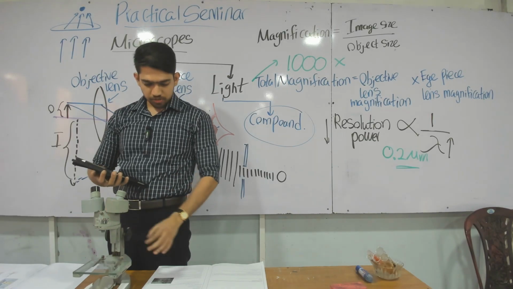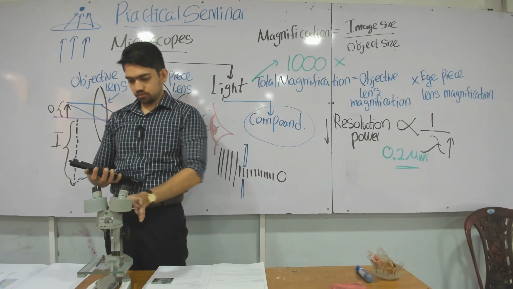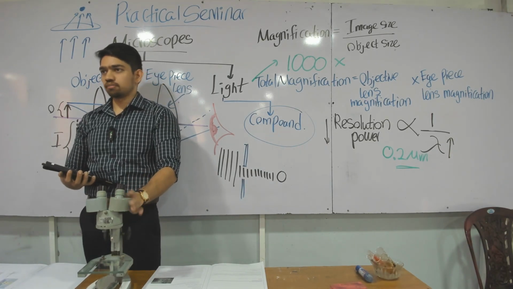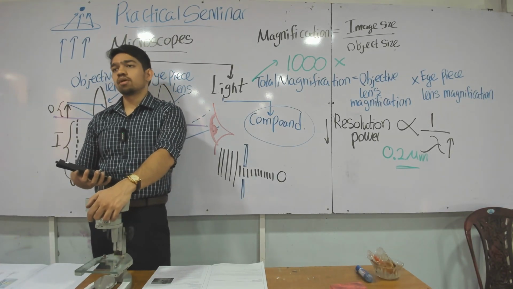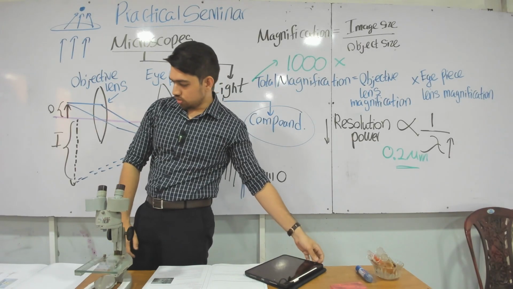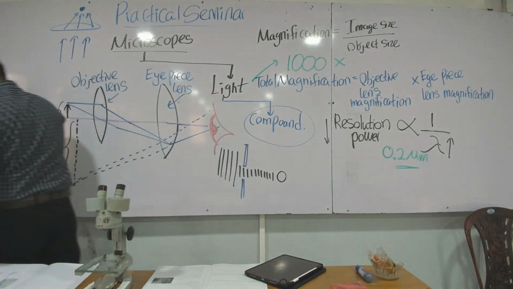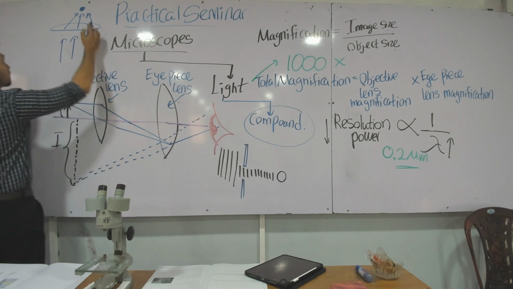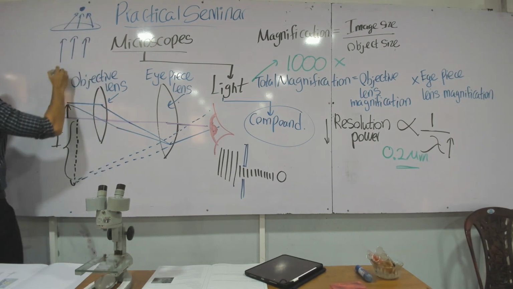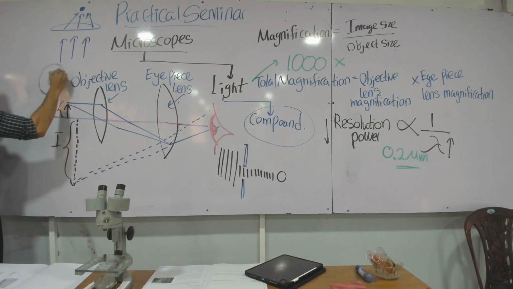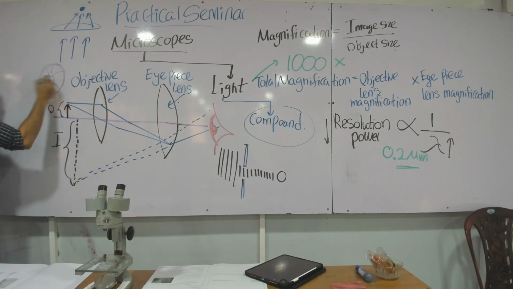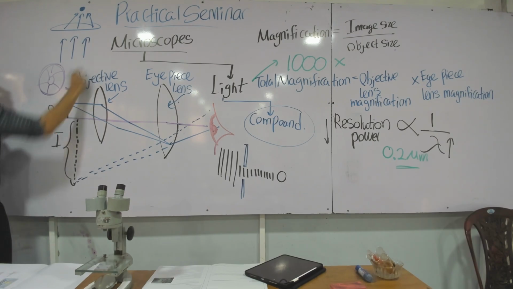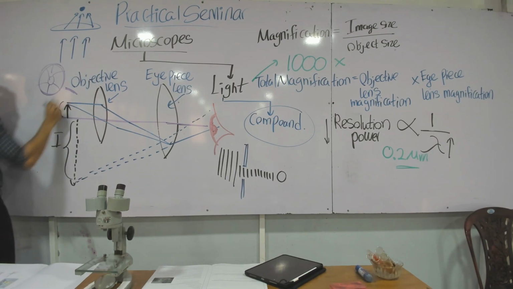Diaphragm knob. Diaphragm is the main part, and the knob is what controls it. What the diaphragm is: it's not very commonly found. It's like in cameras, have you seen that? There's a hole you can open and close, like the aperture in digital cameras that opens and closes with a click. The diaphragm is something like this. There's a rotating switch, and using that you can open and close.